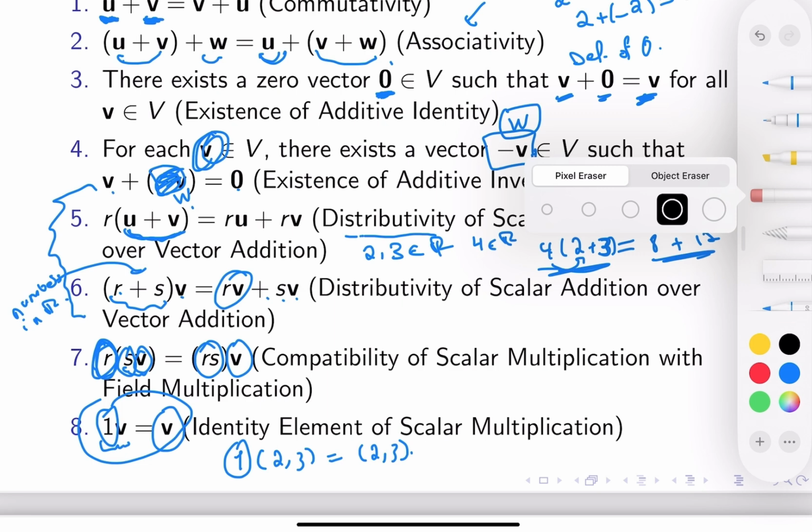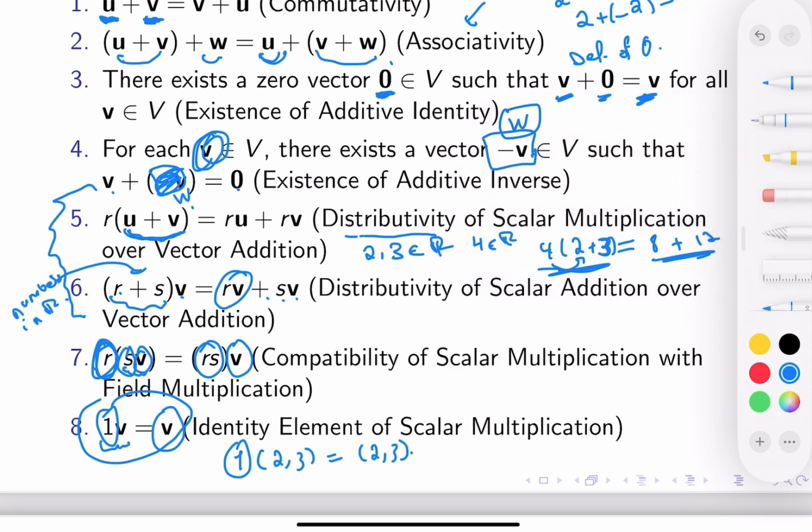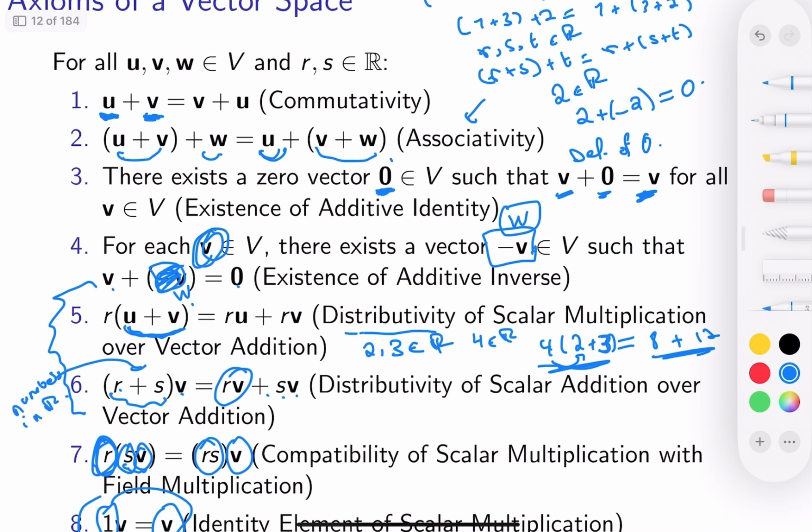So these properties, you'd better memorize or remember these. I'm gonna tell you the most important ones that one usually needs to think about and prove.